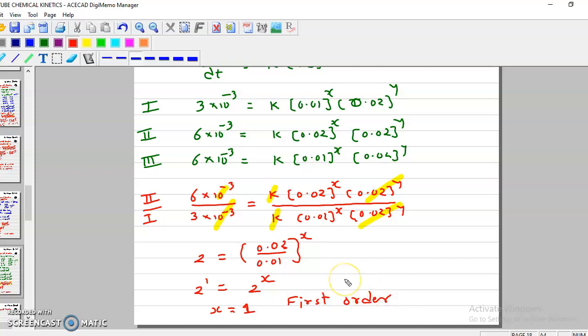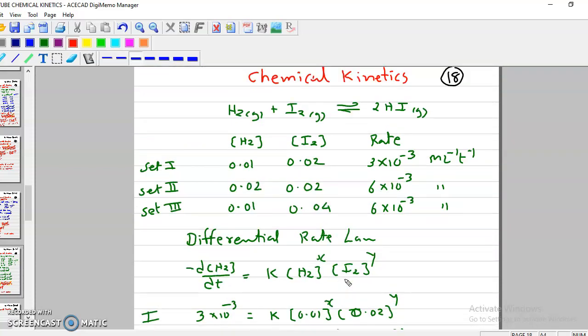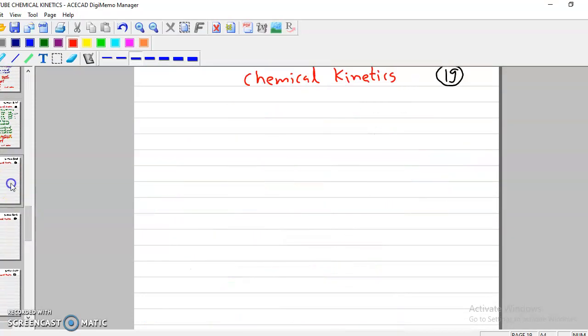Now to find out y, we have to take set 3 upon set 2. Why? Because the base of x in set 3 and set 2 are the same.